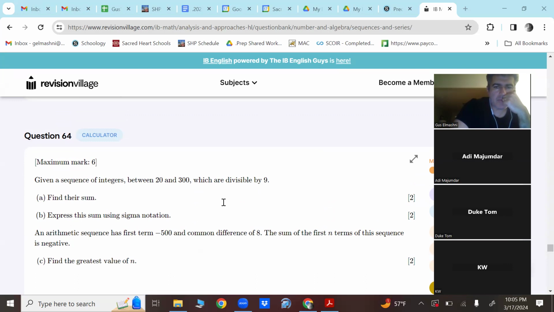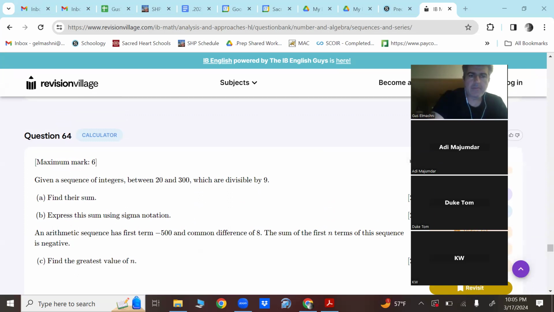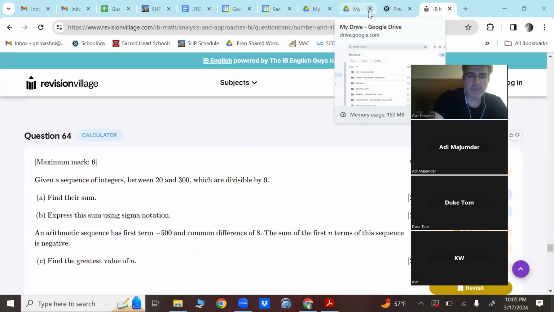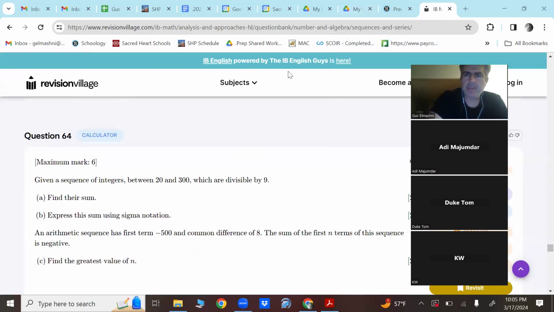Yeah, just give me a second. I'm just trying to find a good one here. I like this one here. I think 6.4 is a good one. Again, if you have the link, it's in Schoology. You go and try 6.4 while Duke asks this question about the old packet.